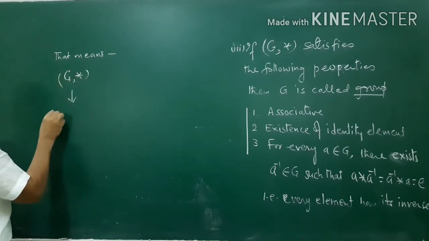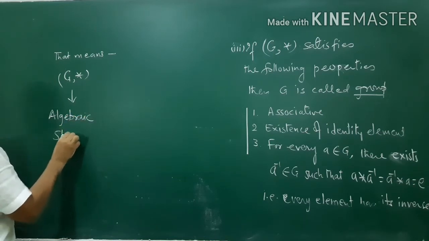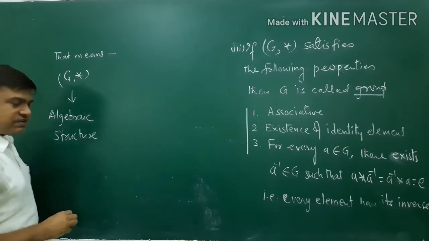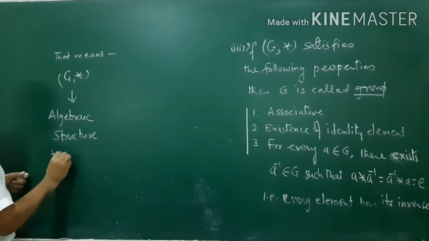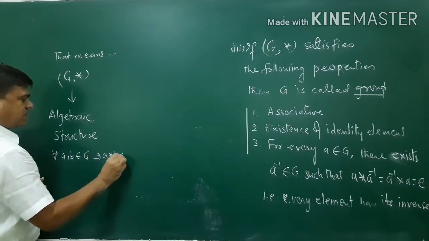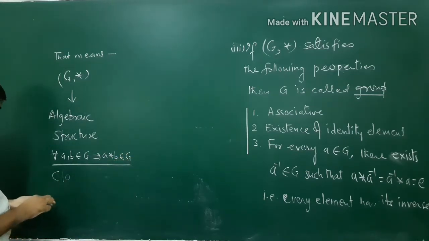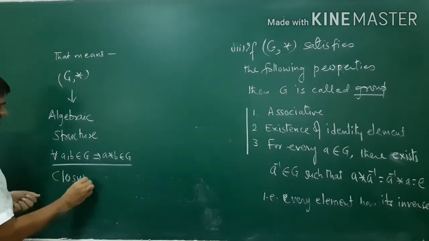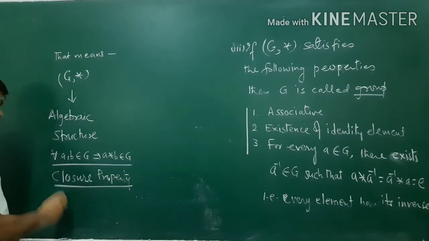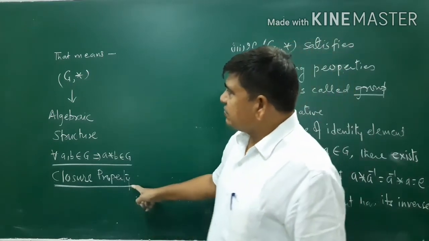What is this? Algebraic structure. Why is it an algebraic structure? Because for all a, b in G, a * b is in G. Sometimes you say it is the closure property.